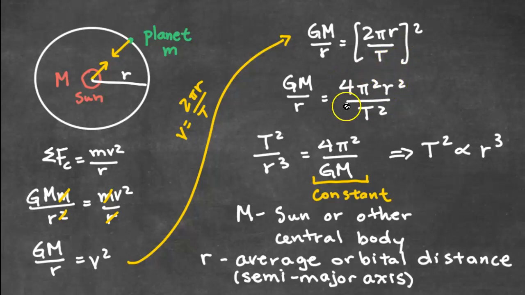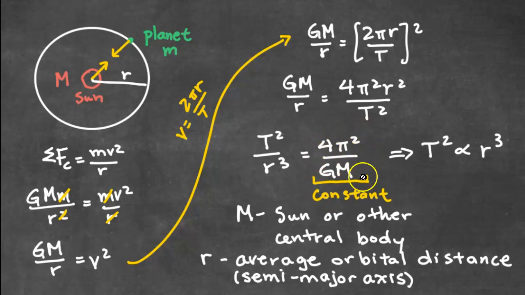On the right-hand side, we end up with 4 pi squared r squared over big T squared, the period squared. Then we're going to move the T squared to the left, and also move the r's to the left and move everything else to the right. And we end up with T squared over r cubed equals 4 pi squared divided by GM.